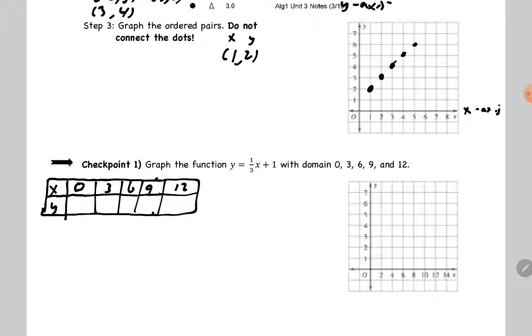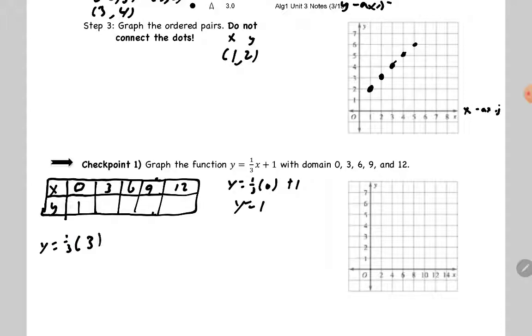Okay, so let's do that. I'm plugging in 0, so y equals 1/3 of 0 plus 1. So y equals 1. And then let's plug in 2, or not 2, sorry.